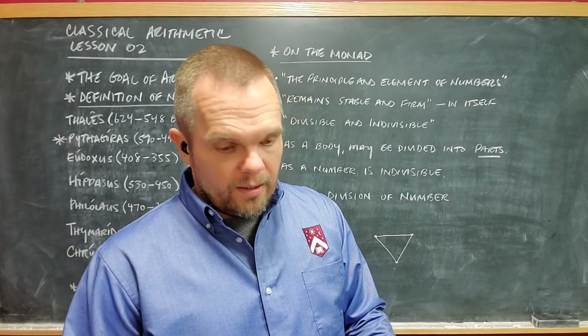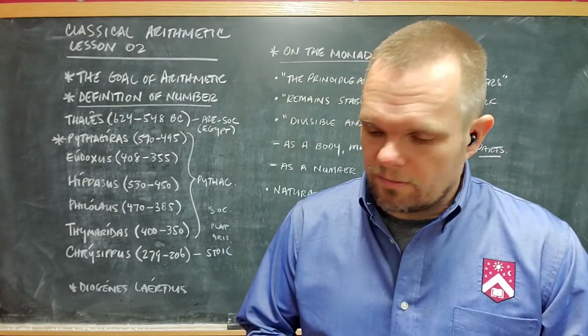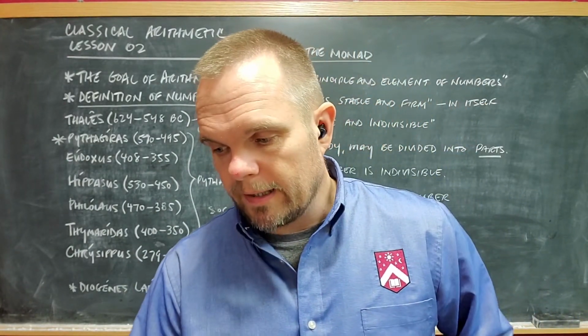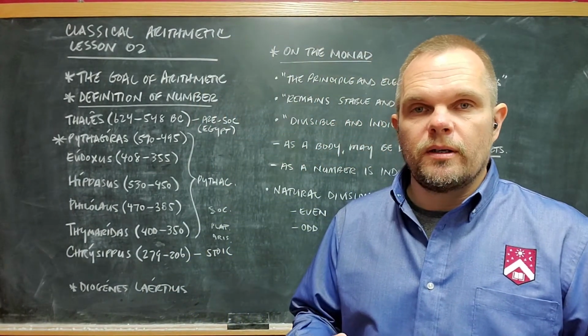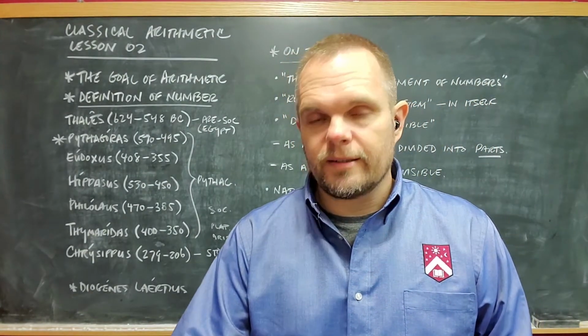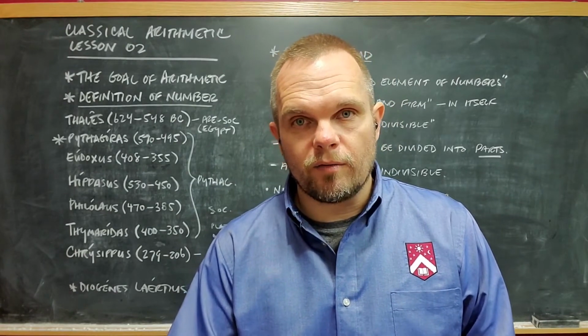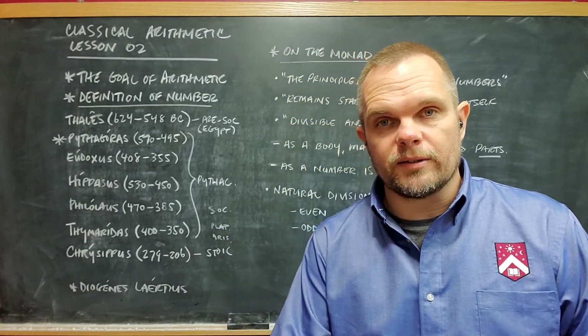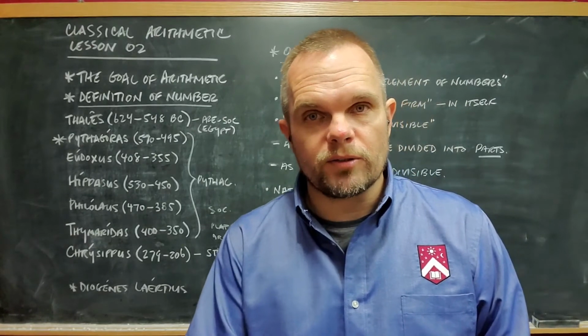Now, that's a very difficult lesson with a lot of vocabulary, and I'm not encouraging you to try and seek mastery of all of the content in this lesson at this point in your studies.